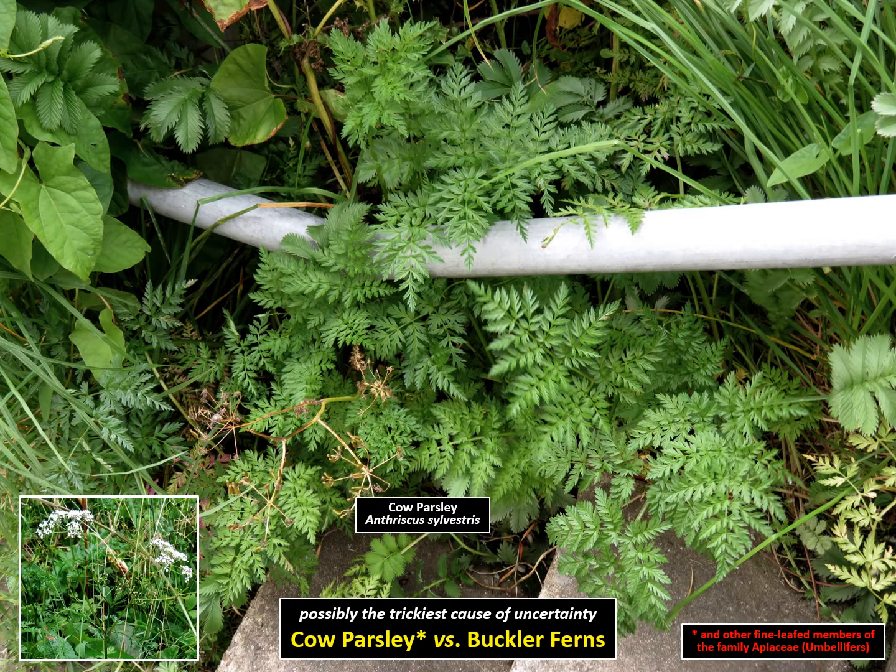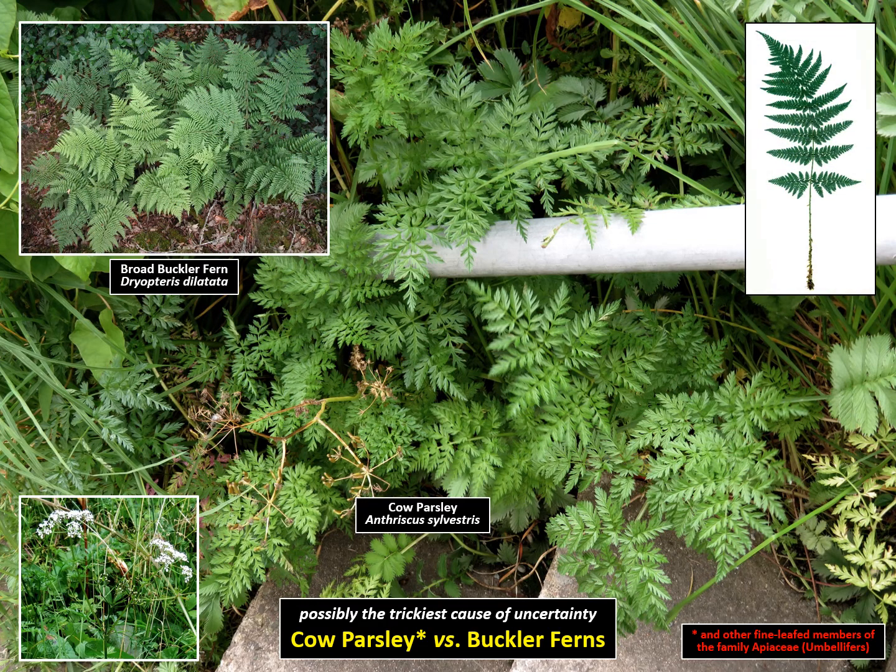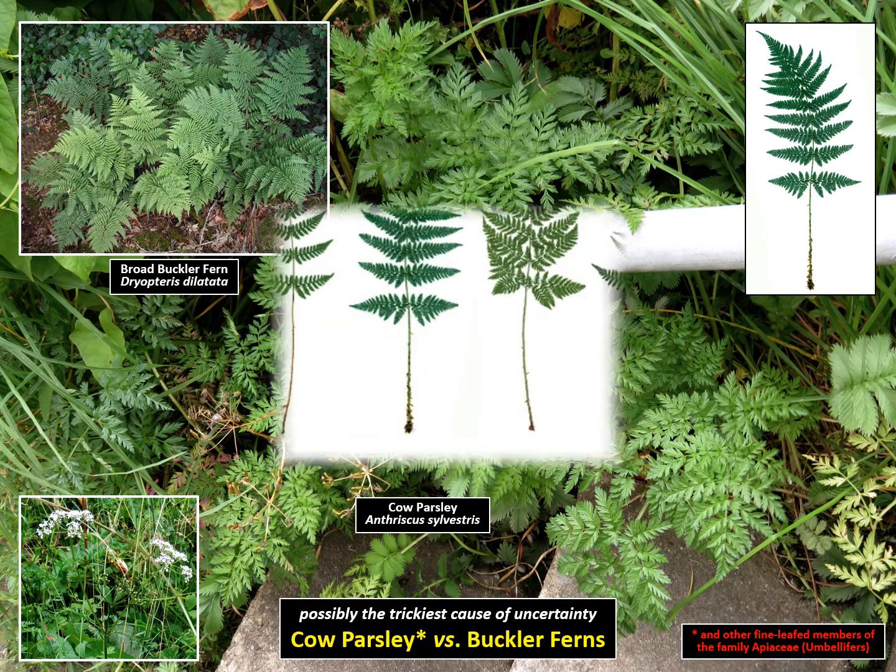Here, possibly, is the trickiest cause of uncertainty. Cow parsley, or several other members of the flowering plant family Apiaceae, the umbellifers, and the buckler ferns, notably broad buckler fern, which is very common and often occupies habitats that overlap with cow parsley. Once this distinction has been grasped, recognition of the other less frequently encountered buckler ferns should follow automatically.